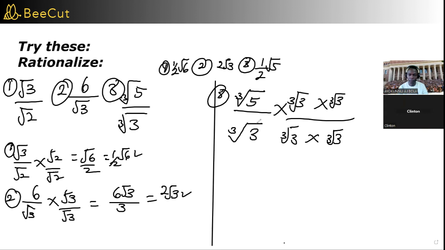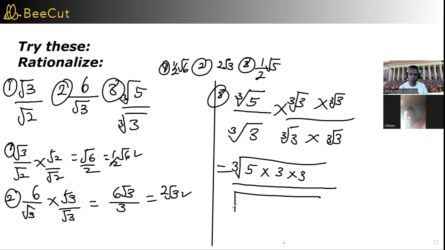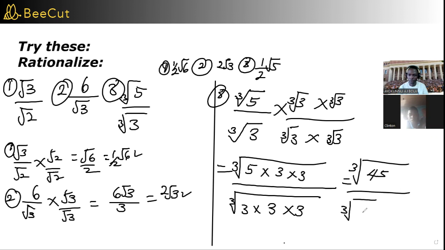So that eventually, if you want to combine all of this, you're going to combine the one above to be cube root of 5 times 3 times 3, and the one below is going to be cube root of 3 times 3 times 3, and the one above is going to be cube root of 45, while the one below will be cube root of 27, and we have cube root of 45 all over.